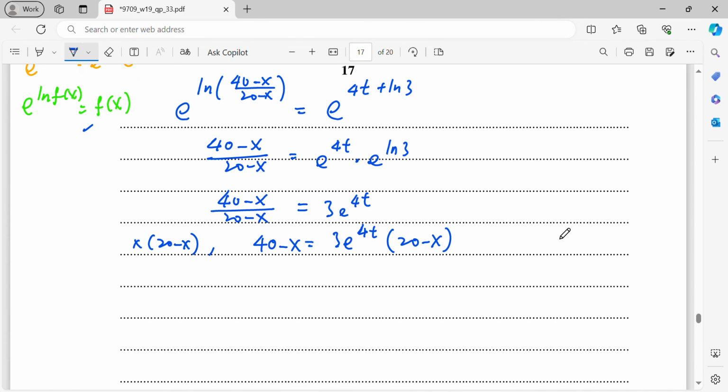Then now here, when you do expansion, this is going to be 60e^(4t) minus 3xe^(4t). And to get the x, those terms with x must be grouped together. So which means I will move this minus 3xe^(4t) to the left side, and 40 will be moved to the right side.